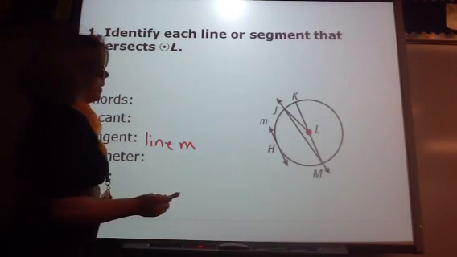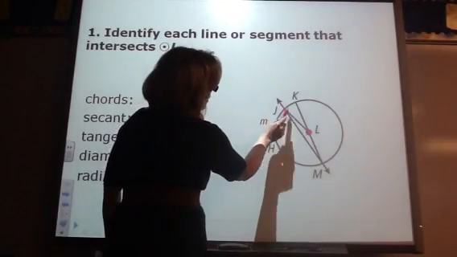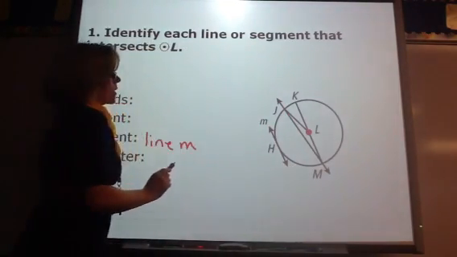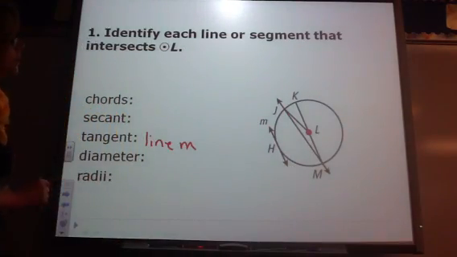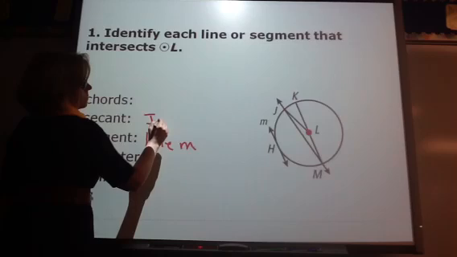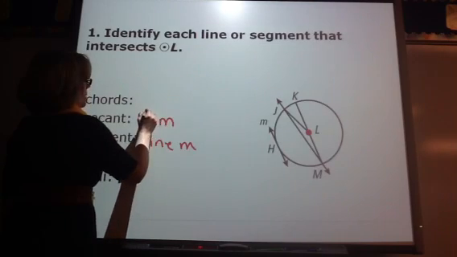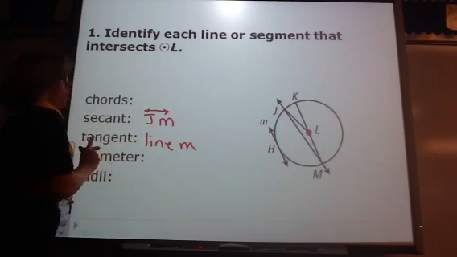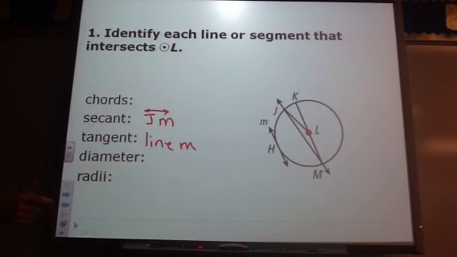And then we have, let's see, line JL. Intersects not through the center, but intersects the circle. So that is called a secant. That's JM, and that is a line. Make sure you get your symbols right.